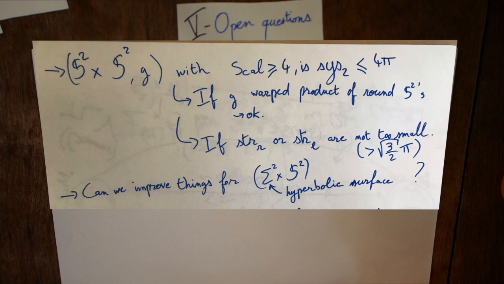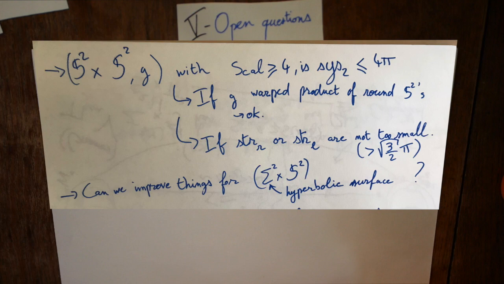We would have an inequality thanks to Zhu, but maybe we can take advantage of the hyperbolic geometry here to get something better.